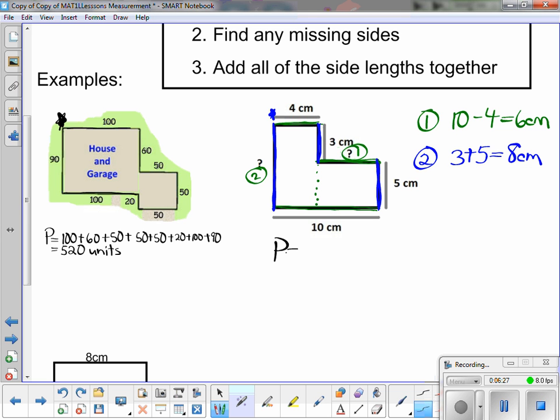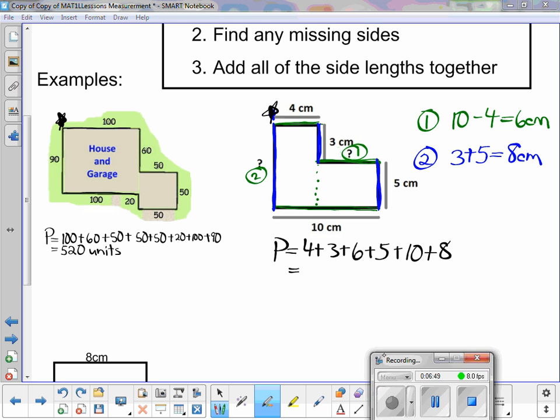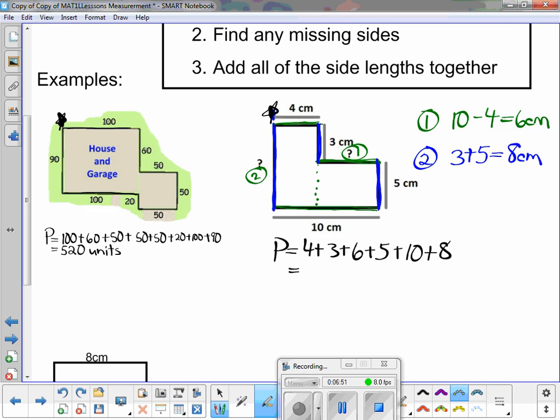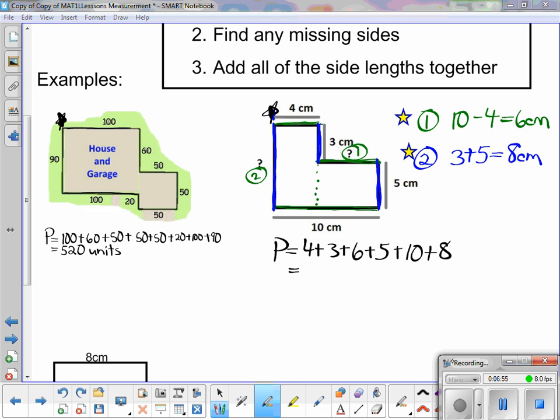So my perimeter is going to equal, again starting in the top left-hand corner, 4 plus 3 plus, there's our number 1 we found, 6 plus 5 plus 10 plus, and number 2 was 8. It's really important that you show your teacher, or anyone looking at your work, this work here, because otherwise they have no idea where you got that 6 from, no idea where you got that 8 from, and so that just helps them.